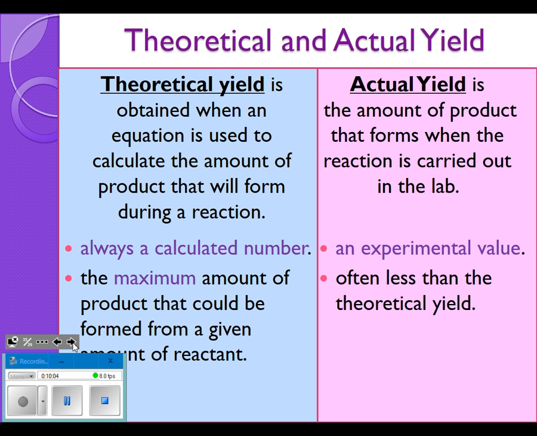It's considered your experimental value. It's always going to be less than your theoretical yield if there's not any significant errors in your lab. You can't ever get more out of a lab than you're expecting to get. Theoretical yield is your expected, actual is what really happens, or your experimental.